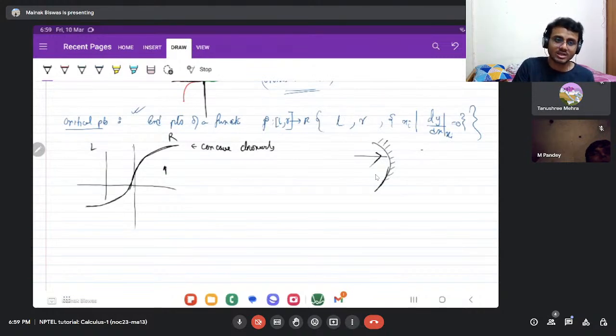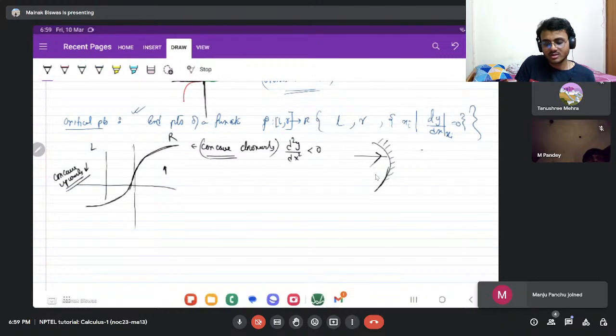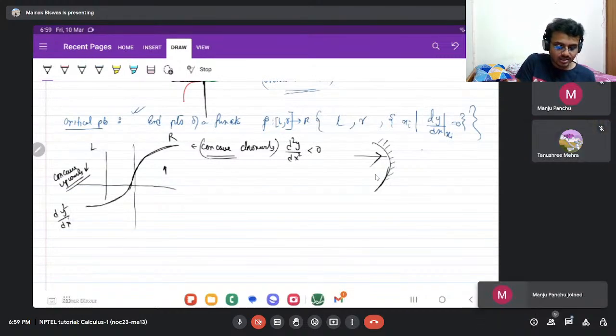That was the inward surface, and this is concave upwards, right? So a concave downward function will have d2y/dx2 less than 0, and a concave upward function will have d2y/dx2 greater than 0. Agreed? This is a concave upward function, this is a concave downward side.